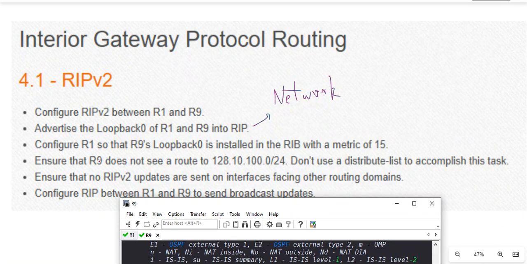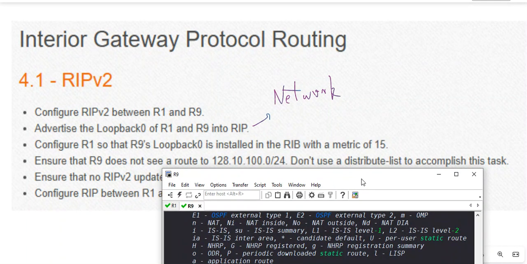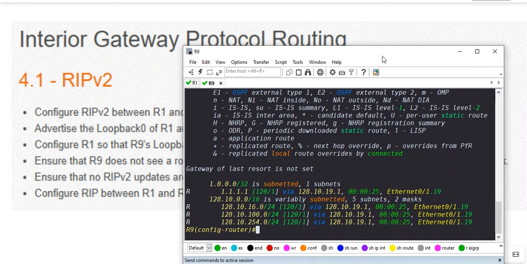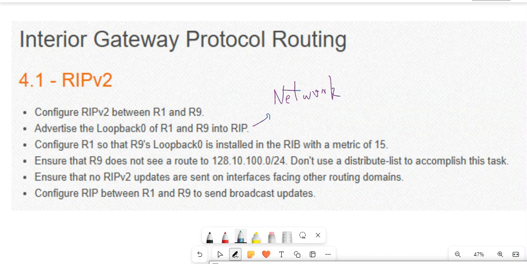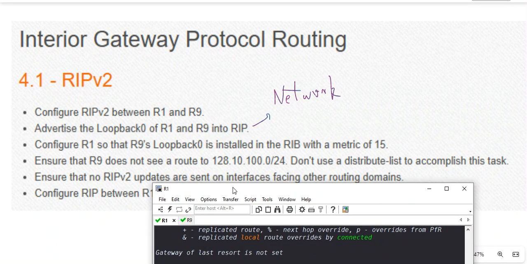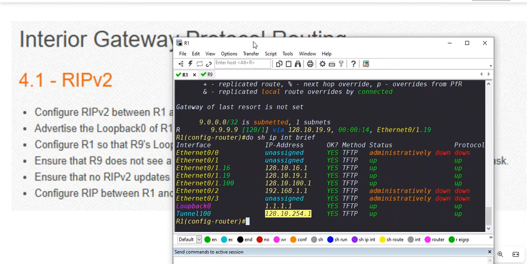Okay, let's configure R1 so that our loopback 0 is installed in RIP with a metric of 15. Let's see the metric of loopback 0 of R9 on R1.